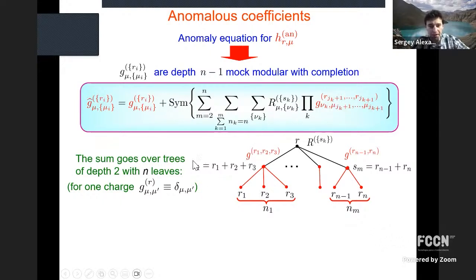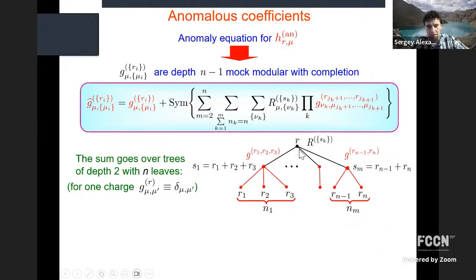The sum here can be represented as a sum over trees of depth 2, which have n leaves, and you attach the charges Ri to the leaves. Then you also assign charges S to the intermediate vertices, given by the sums of the charges of their children. You assign a function G evaluated on these charges to each vertex, and the function R, depending on charges S, to the root vertex.